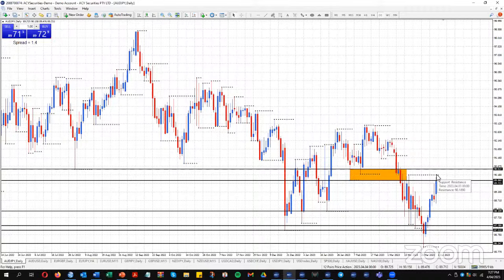And then if that's the case, we're obviously going to be targeting all these support areas down here. Weekly support that we false broke, and monthly support at 87.01, and the lower level at 86.24. So are we just at the starting point there of a double top and a reversal?